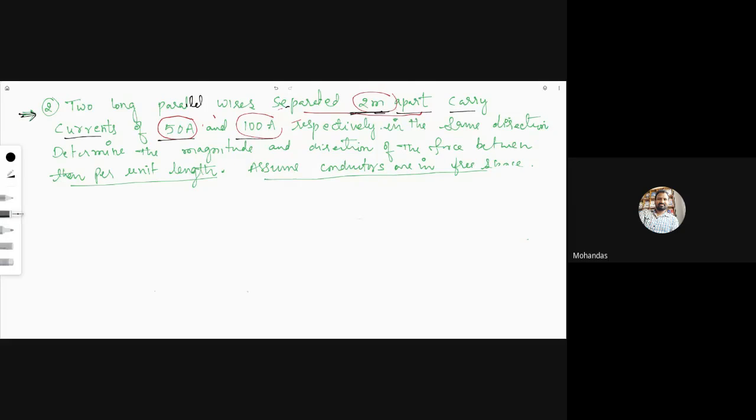Determine the magnitude and direction of the force between them per unit length. Assume the conductors are in free space.